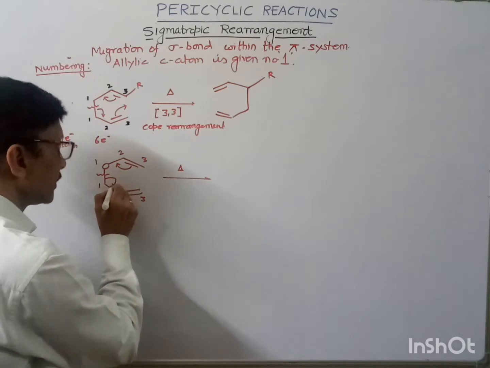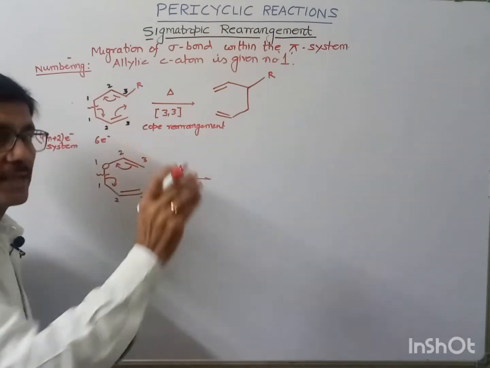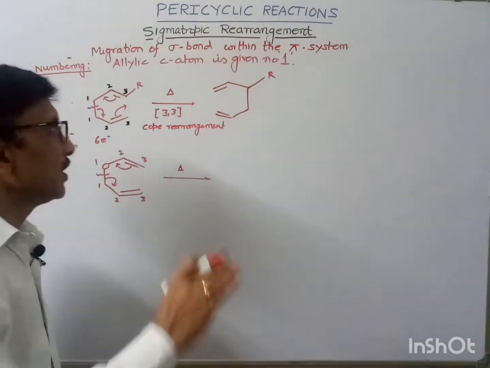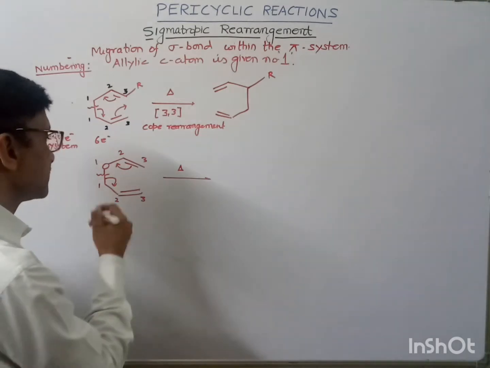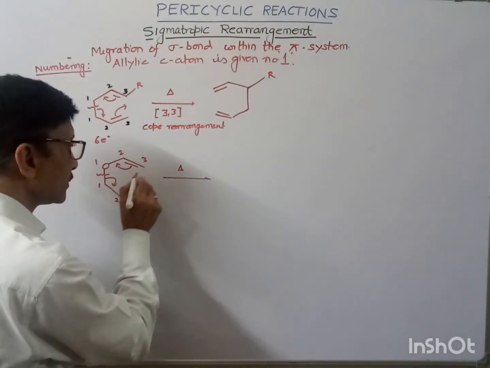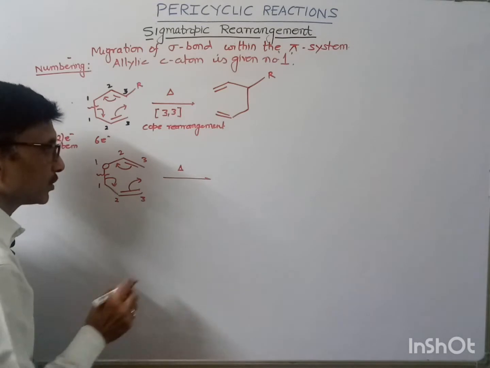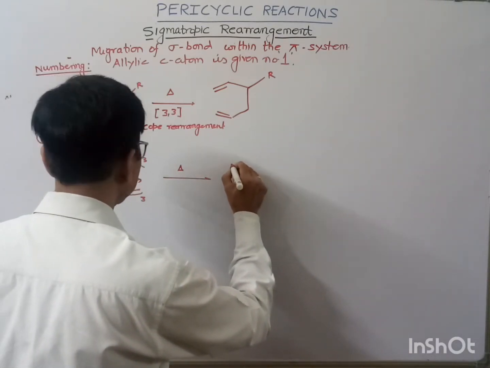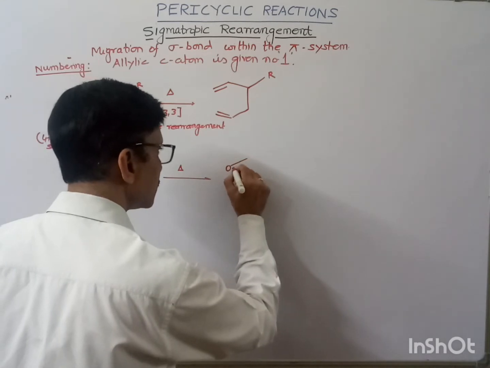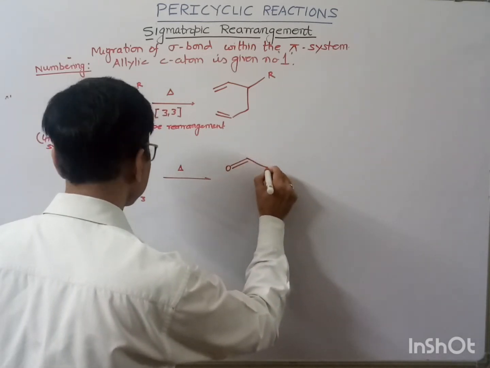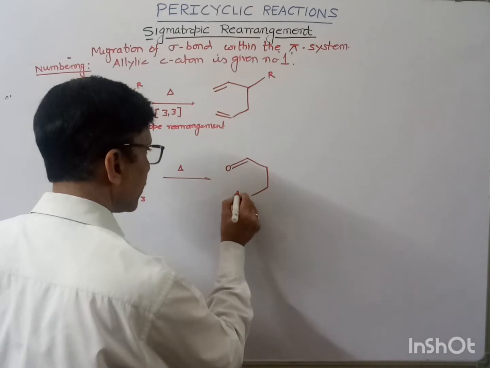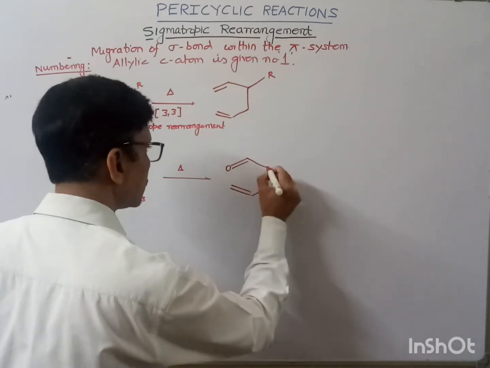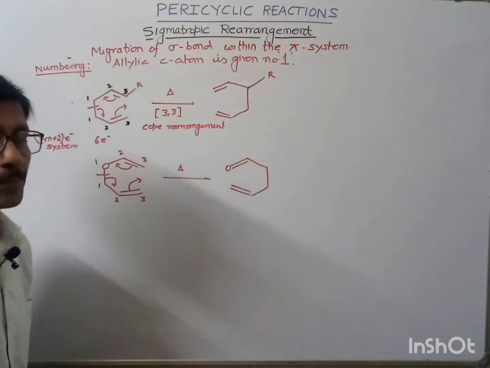Here also you can see the 1,1 bond break. In previous examples you have seen the 1,1 sigma bond breaks, and here a new 3,3 bond is formed. So here the oxygen double bond will be formed. This is the single bond, and this is our double bond. So this would be the product.